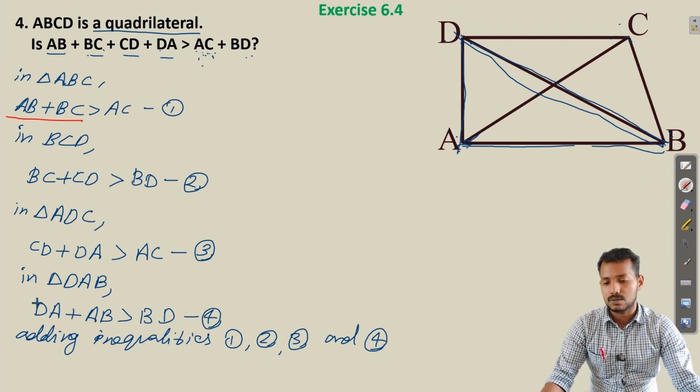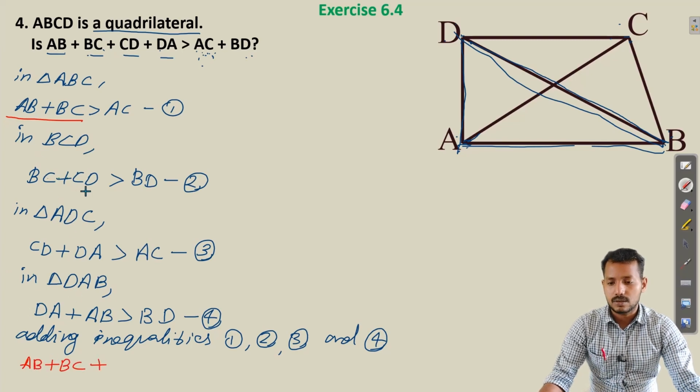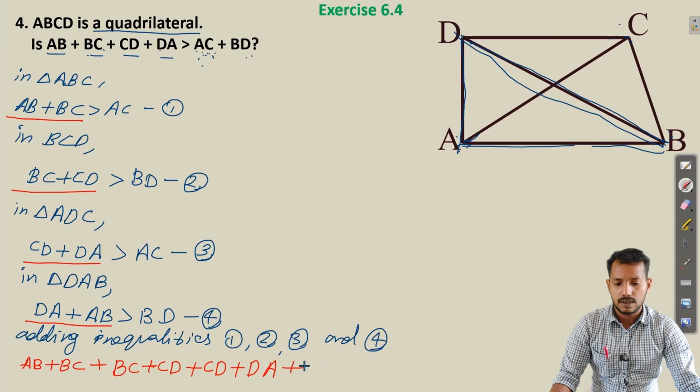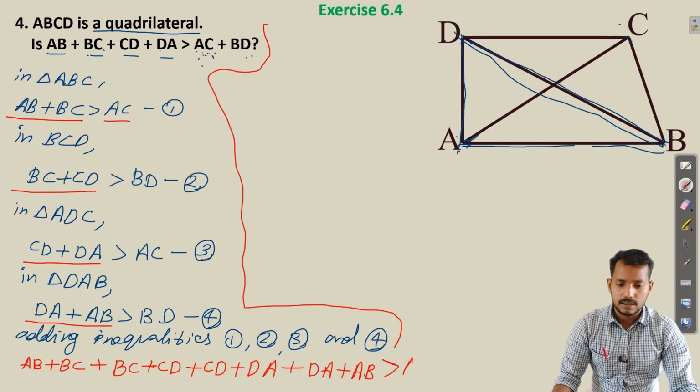First one is AB plus BC, plus next BC plus CD, plus CD plus DA, plus DA plus AB, is greater than AC plus BD plus AC plus BD.